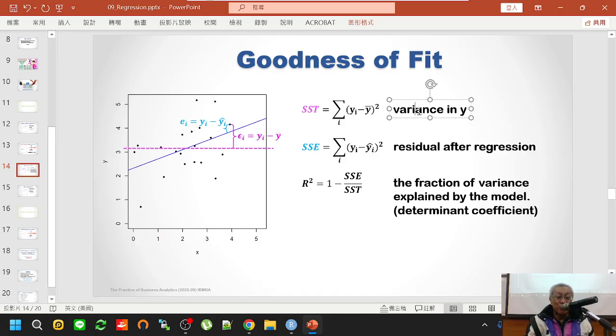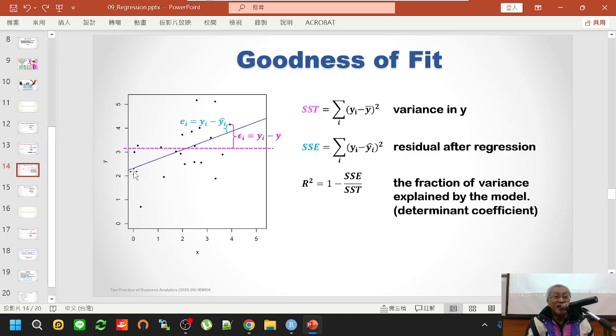And the reason that we want to use a model to predict Y is this. You can see the difference between these two equations. The only difference is here. This is the average of Y, the horizontal pink line. And this is the Y estimation, Y hat.